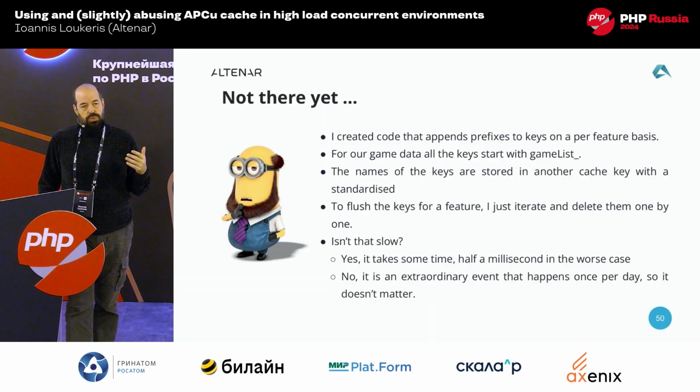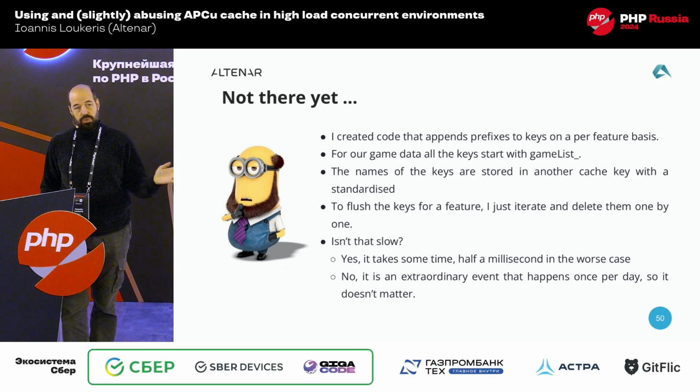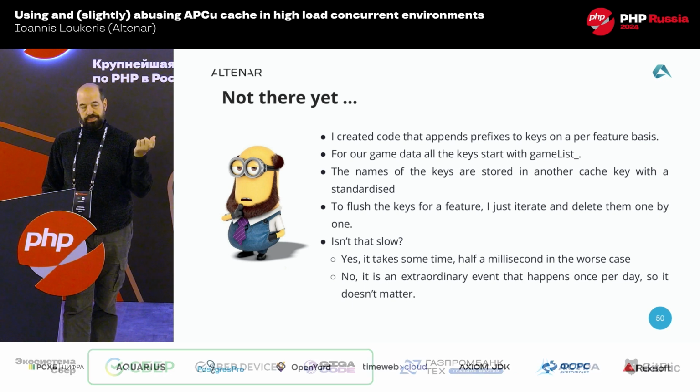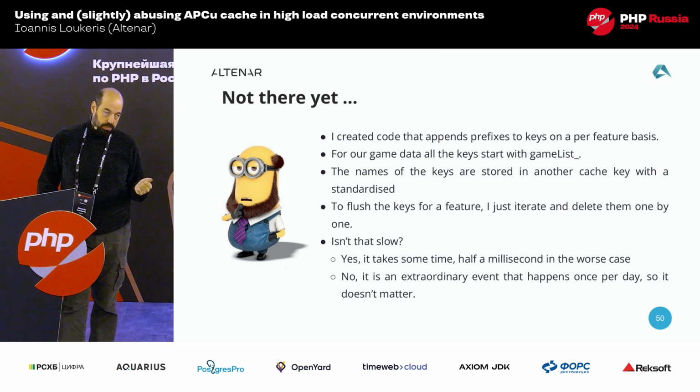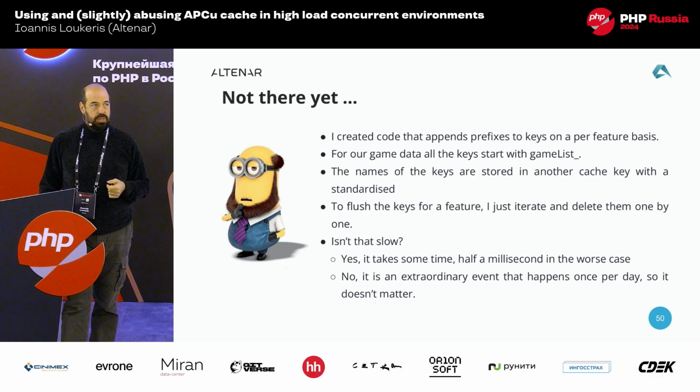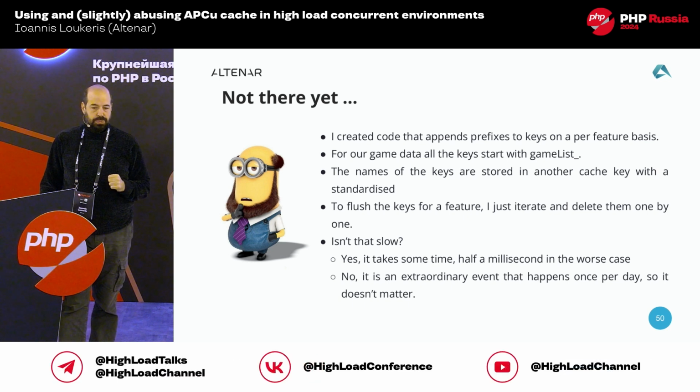So I created code which appends prefixes on a per feature basis. If you have different features that you want to store data for in the APCu, I made code which automatically adds prefixes. For example, for our data, in this particular case, it would be game list underscore and the key name that you created.